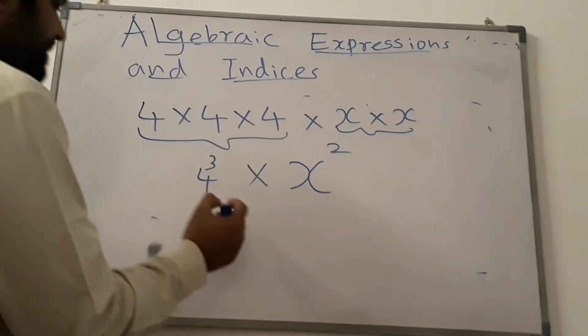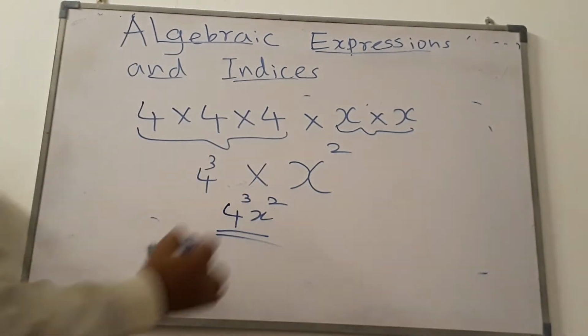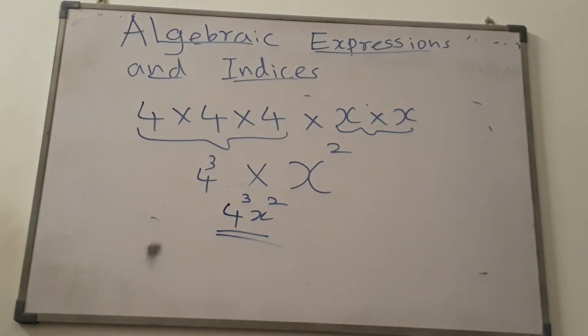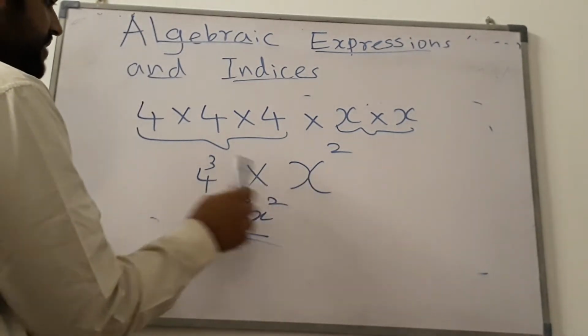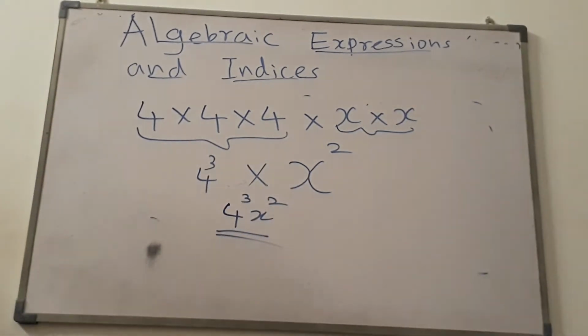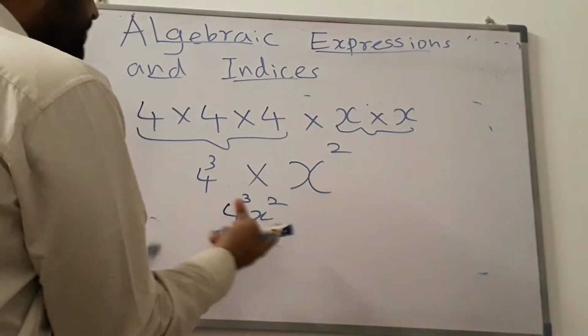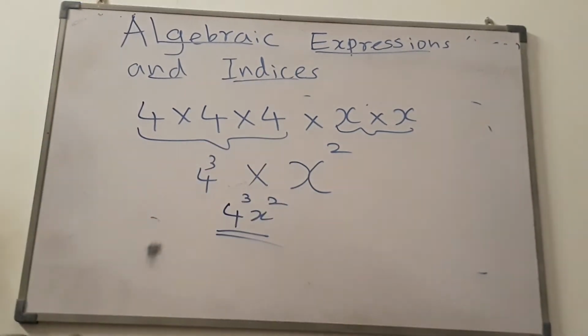So we can combine this, such as 4 cubed x squared. Likewise, 4 to the power 3, x to the power 3. Okay, if there's an algebraic expression, we can combine it with the number expression. But if two expressions are numerical expressions, we can't join them. Then we have to use the multiplication mark.